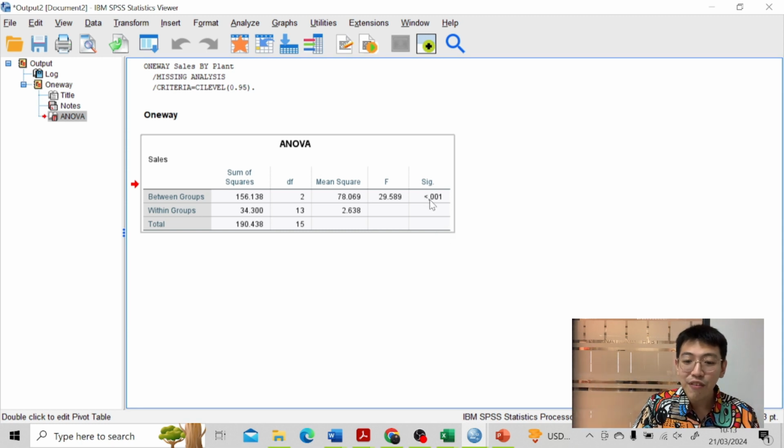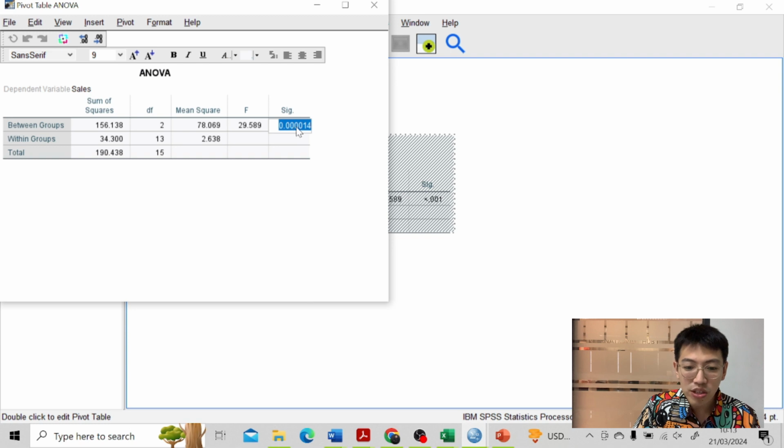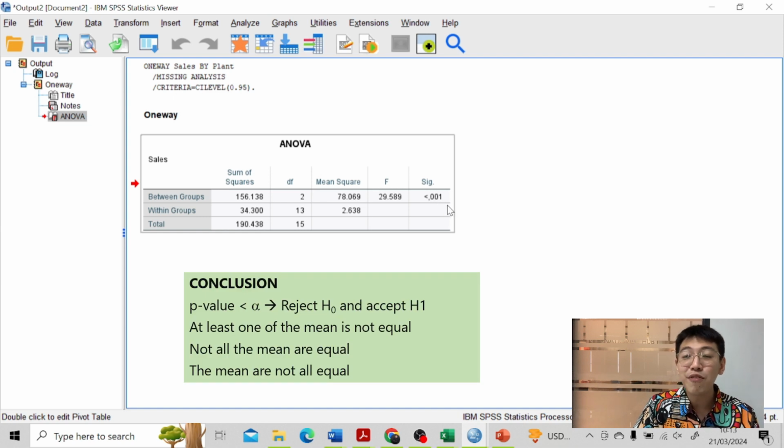It means if it is less than 0.001, we can know the detail of the significance value here. This is 0.000014. Since the significance value is less than alpha, we have to reject H0 and accept H1. So we confirm the previous conclusion that the means are not all equal, or at least one of the means is not equal.